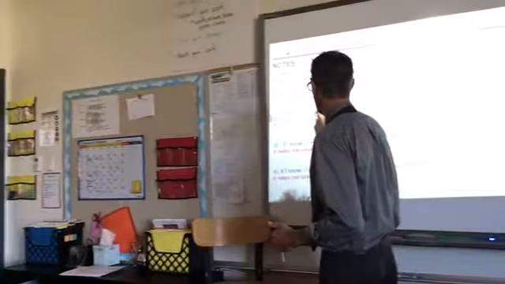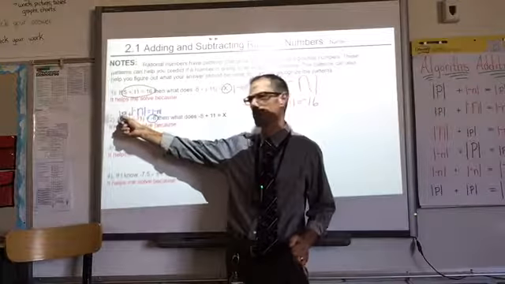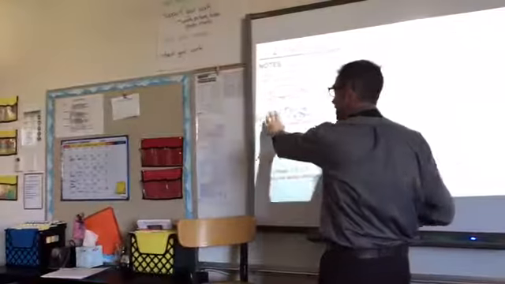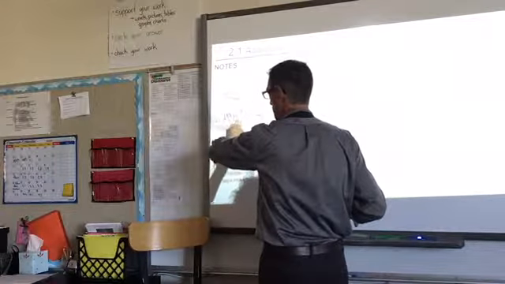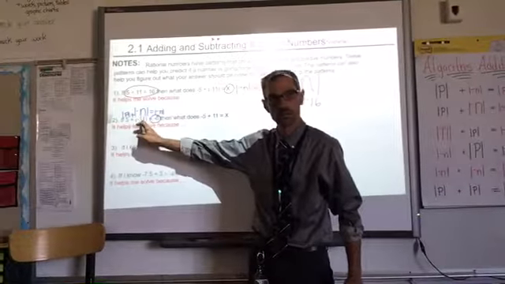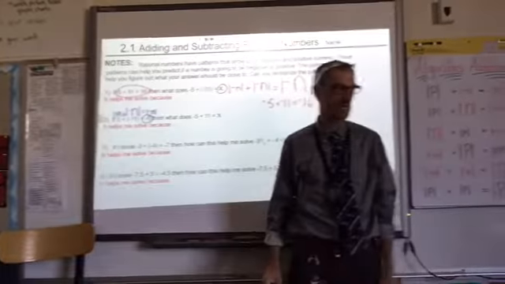My answer turns into a negative answer because the negative is further from 0 than the positive, so the positive gets canceled out. You remember the chips, right? In the chip model, that 5 disappears because the 11 cancels it out. And so what's left over is 6, negative 6.